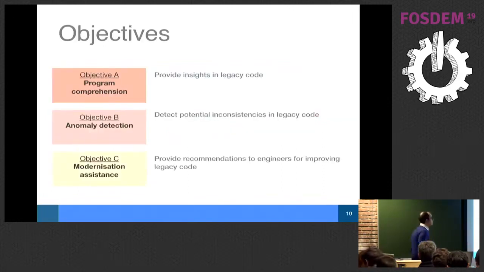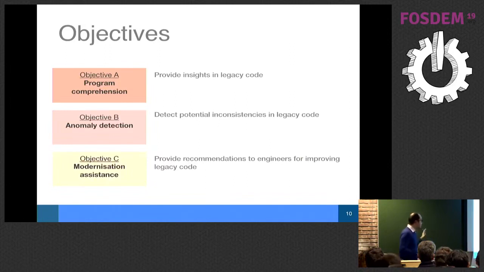But why are we trying to do this? So first of all, we would like to comprehend these programs. Because the first issue that you have when you work with legacy code is just to understand what the code is doing. Then, what we would like to do is to do some anomaly detection. So actually, if you have a large code base, maybe starting from a new piece of code, you can understand if you are making a mistake.